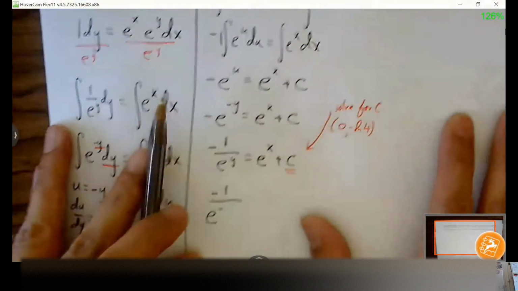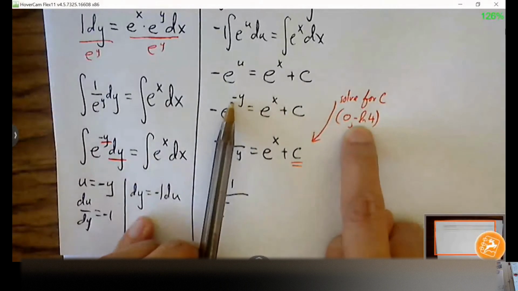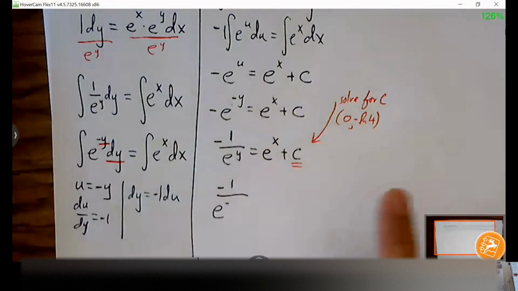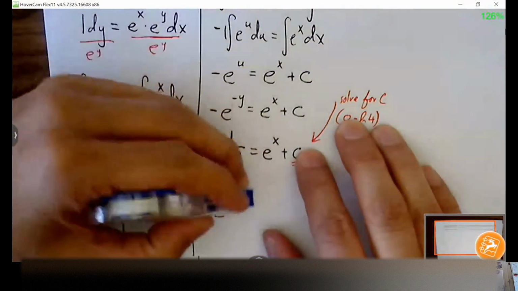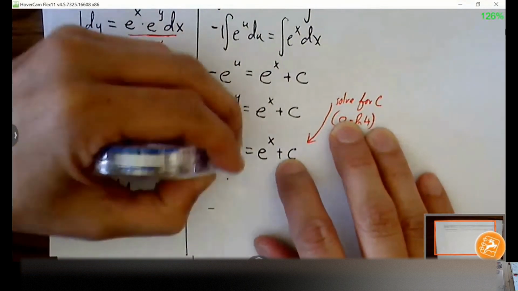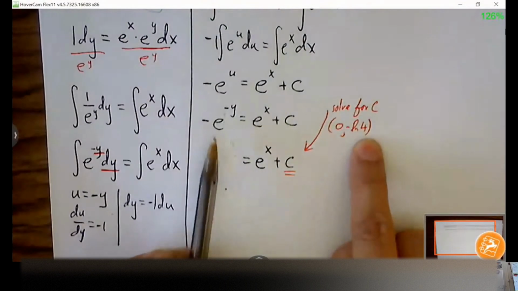Actually, you know what? I think it may be better just to leave it in the numerator, because the two negatives are going to cancel out each other. So I think, yeah, I shouldn't have brought that down. So I'm going to go back, and it's going to be a little cleaner this way. Things will have to come back up anyway. So I'm just going to leave this in that form.